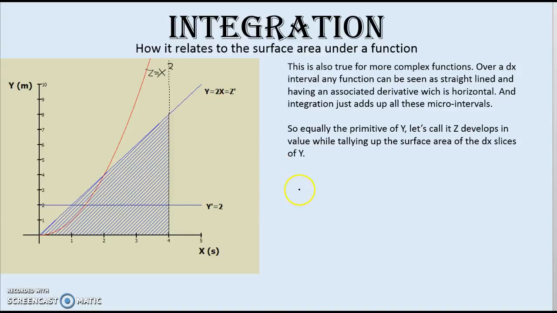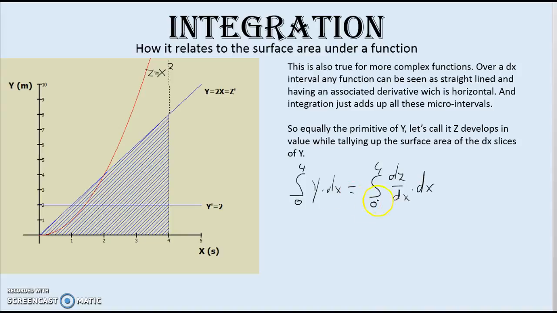And now I can say, okay, integrating my y value here, so integrating from 0 to 4, alright, my y value while taking little steps of x is equal to integrating the differential of x squared. So the differential of x squared is dz divided by dx times dx.